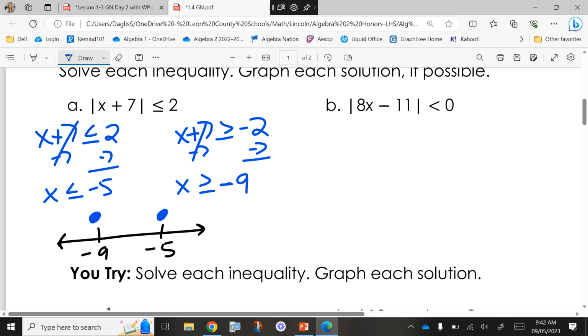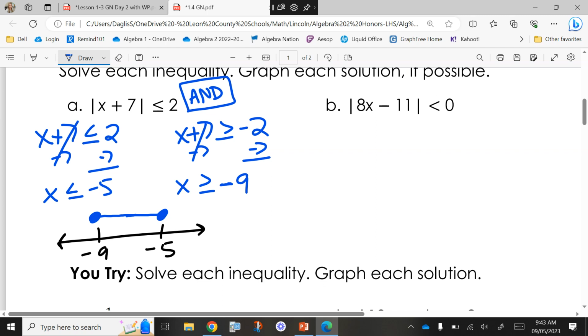Good. Now we're greater than negative 9 and less than negative 5. What's nice about these arrows is they point which way to go, right? So if I'm greater than negative 9, but less than negative 5, would you agree that they meet in the middle? This is an example of an and. Did you do compound inequalities by any chance in Algebra 1?